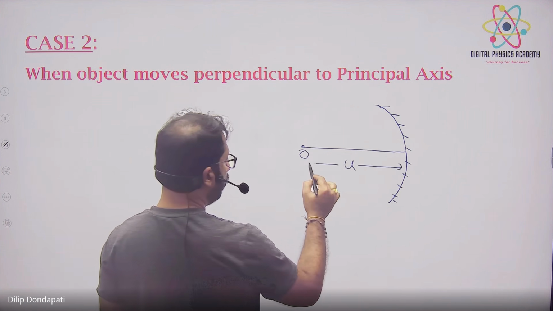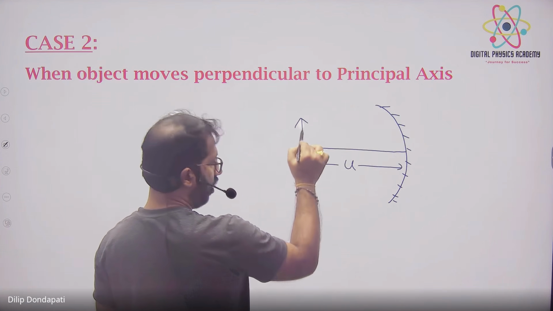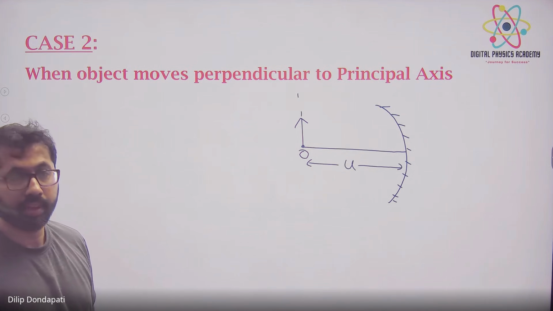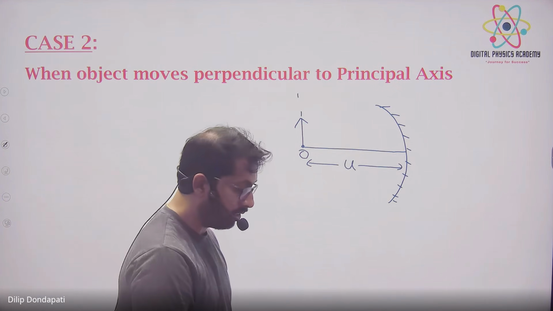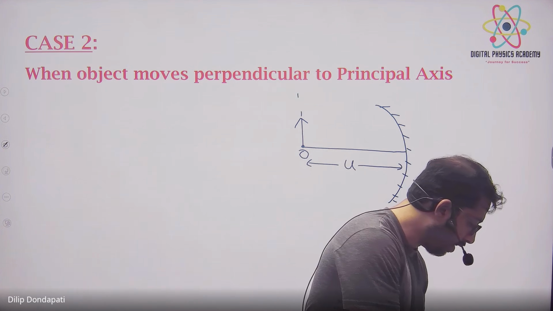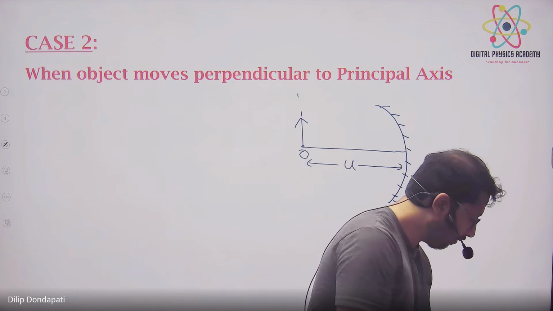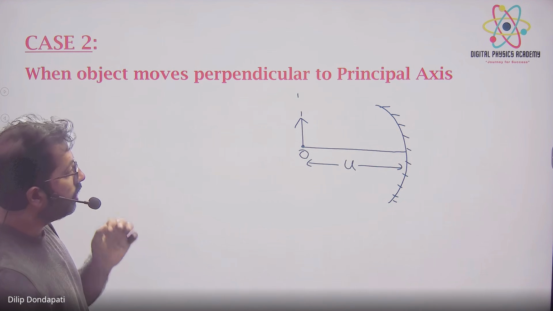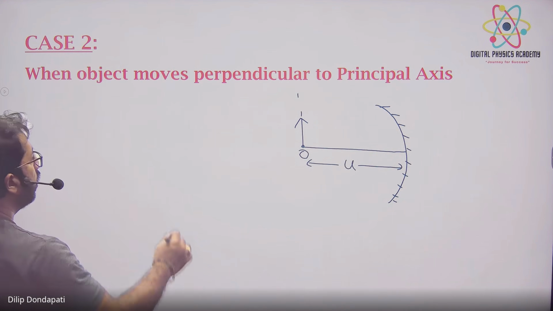Object distance is u and this is known as along the principal axis. At that time, he's asking what is the velocity of image in y direction, right? This is only y direction. That's why we are putting y. Okay. Here tell me, which is constant here? U is constant.